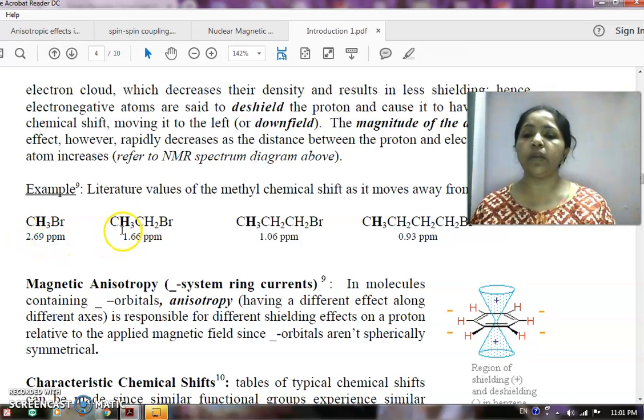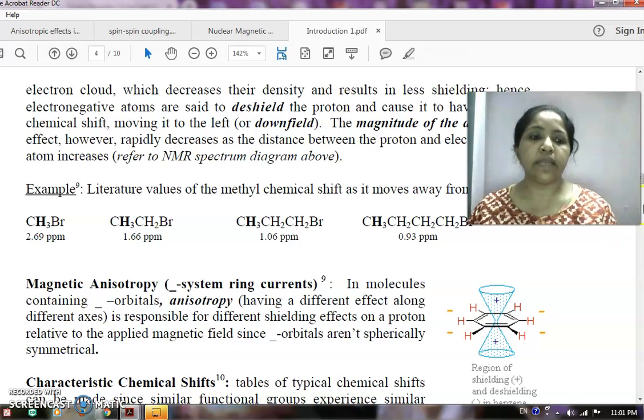This particular hydrogen and this particular hydrogen have different environments. What is the reason? This halogen is bonded to this particular carbon and not to this particular carbon. So therefore it is less deshielded, and the energy required is lesser compared to this, and it is further less, and further less.